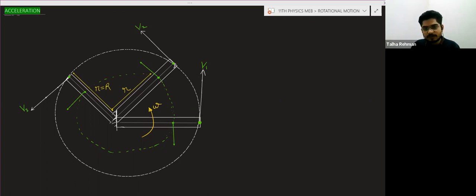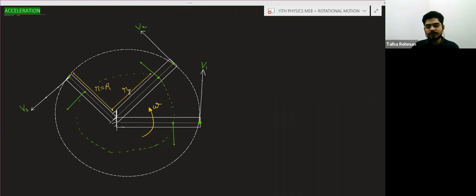And when this rod is here, suppose the velocity is increased, it becomes v2, but the direction will be tangential. Here also the velocity direction is tangential.